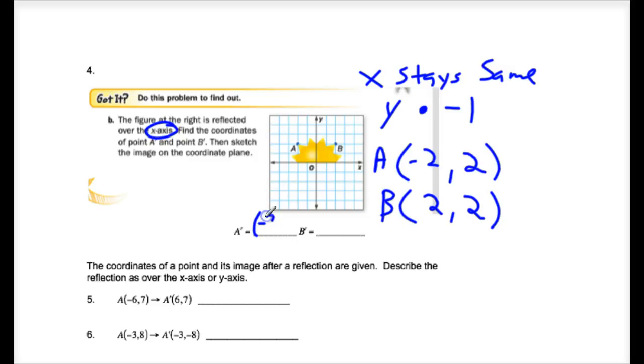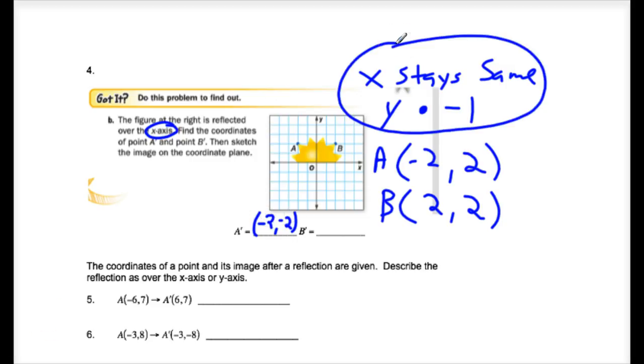Keep that straight. That's why maybe jotting it down, people, might help you. Okay, Billy Coyne, what are the coordinates of B prime? 2, -2. Graph those and label them A prime and B prime.